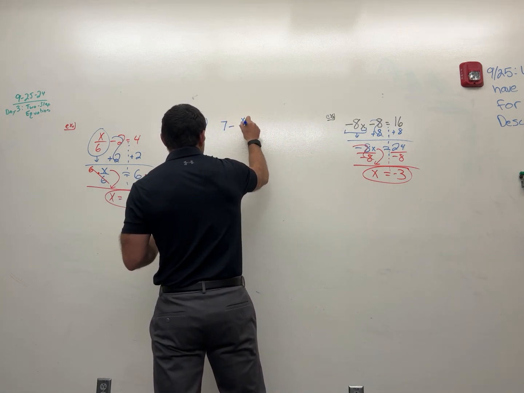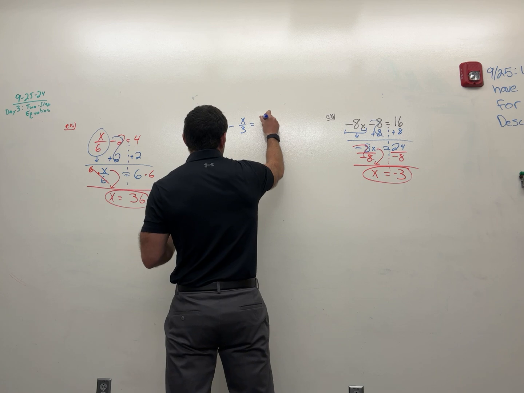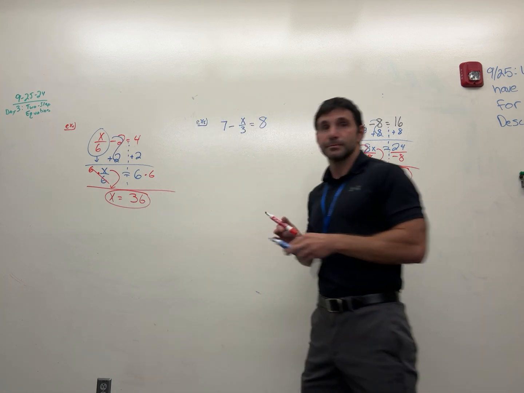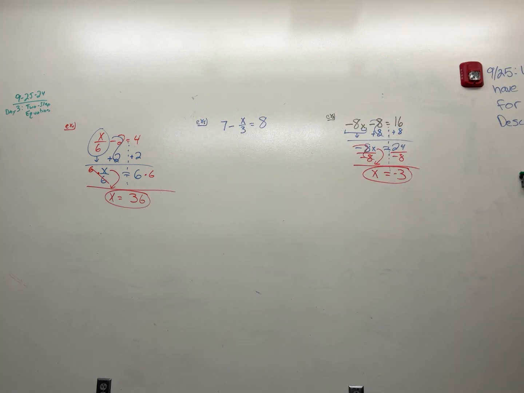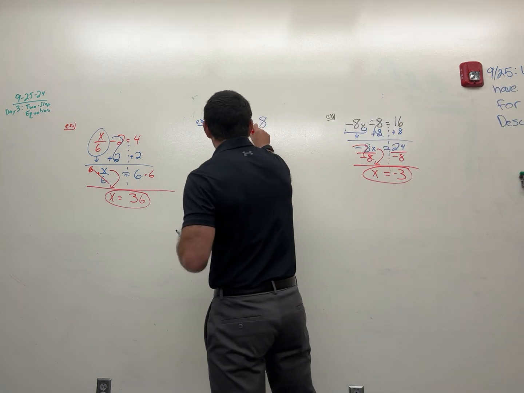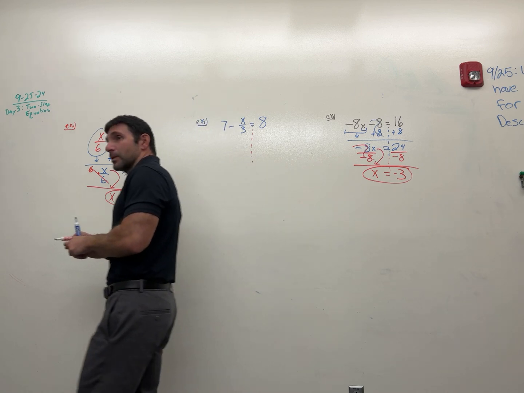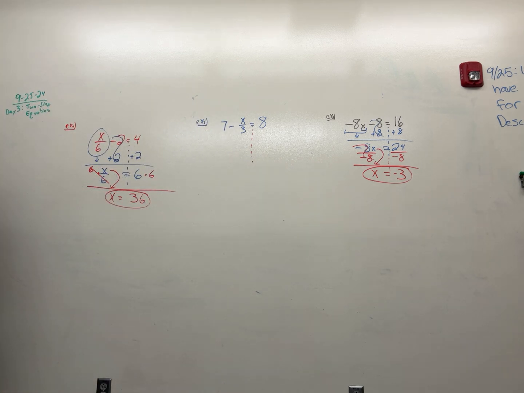7 minus x divided by 3 equals 8. Kindle, first step, always. The balance point. Okay. What are we trying to move?